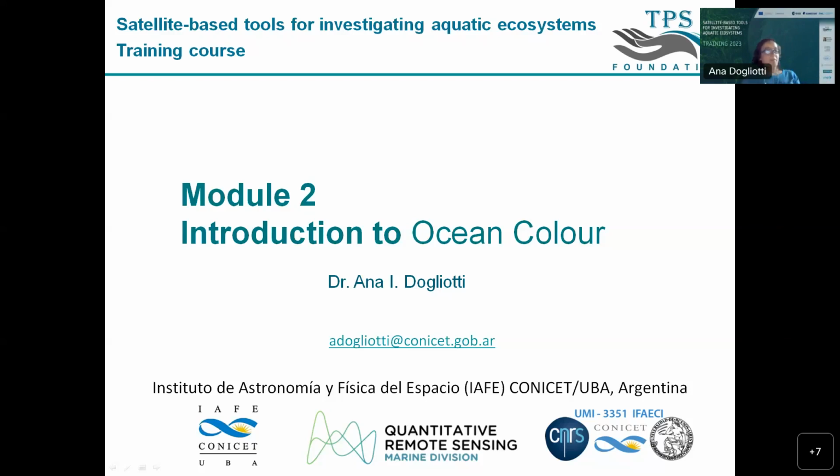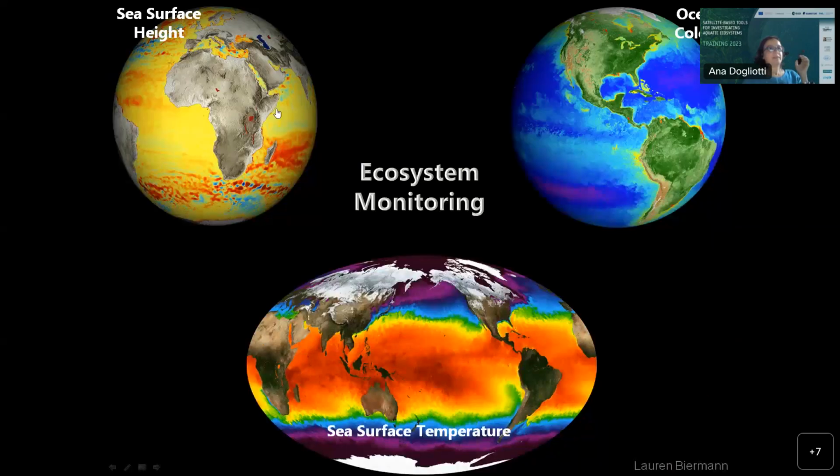So I will talk, as Thomas said, about the introduction to ocean color. In the previous talk, Lauren was talking in general about remote sensing. And she mentioned, of course, that it's the best option for gathering synoptic measurements with sufficient temporal and spatial scale for marine ecosystem monitoring.